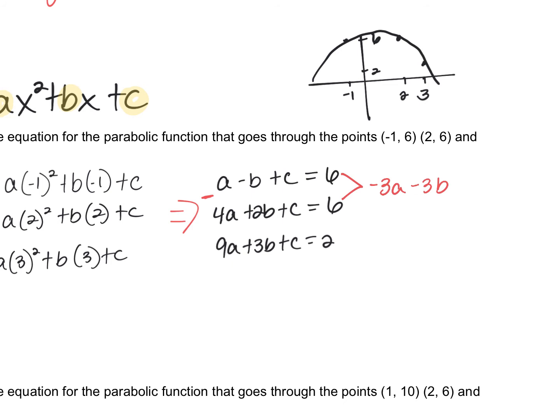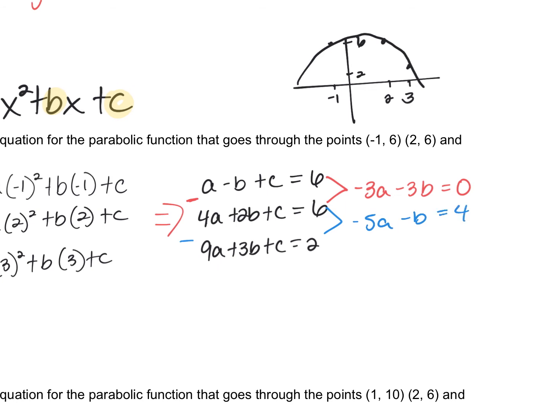The c's would cancel, and 6 minus 6 would be 0. All right, the next one, 4a, and we're going to have to subtract these because the c's are both positive. Okay, 4a minus 9a would be -5a. 2b minus 3b would be -b. 6 minus 2 would be 4.